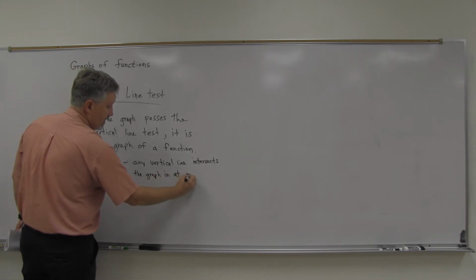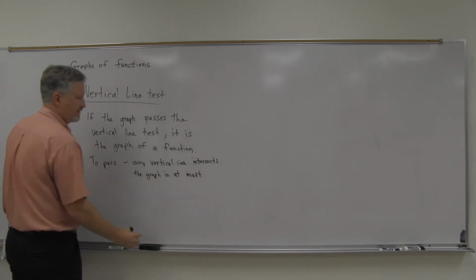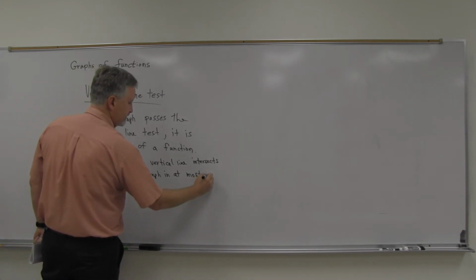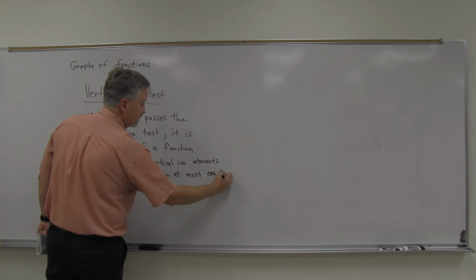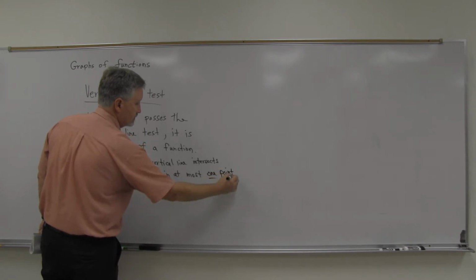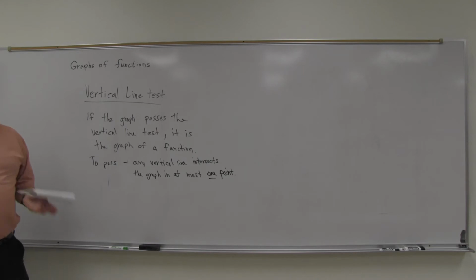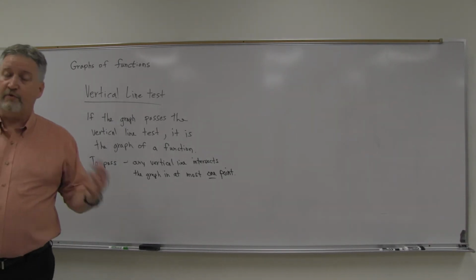The vertical line can not intersect the graph at all, but it can intersect it in at most one point. So it fails if it strikes the graph in more than one point.